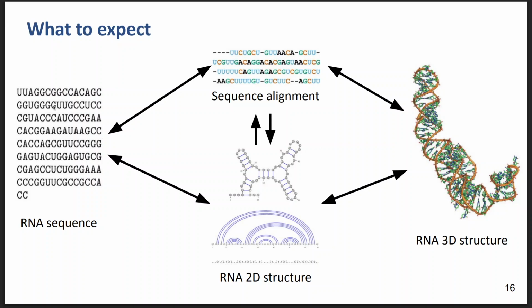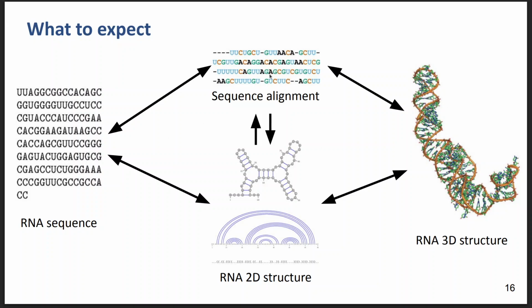It's linear, it has a start and an end. And if we have a set of homologous RNA sequences, or similar RNA sequences, we can align them, highlighting the corresponding regions, which can hint us some information about the conserved parts of the sequence.